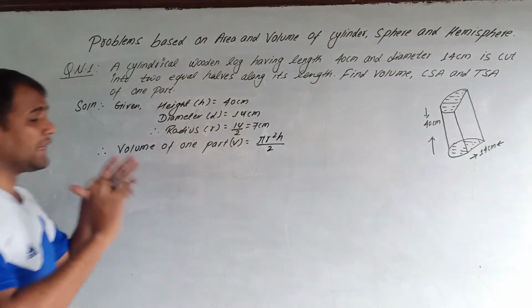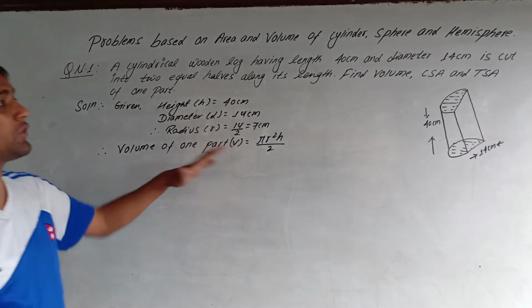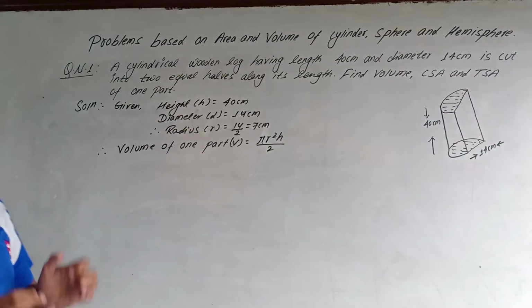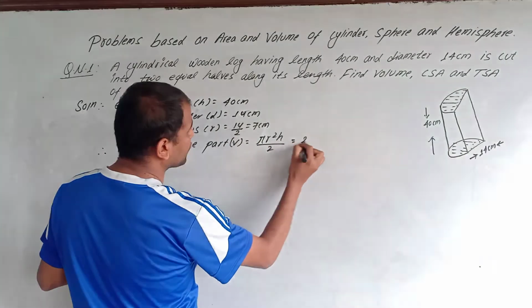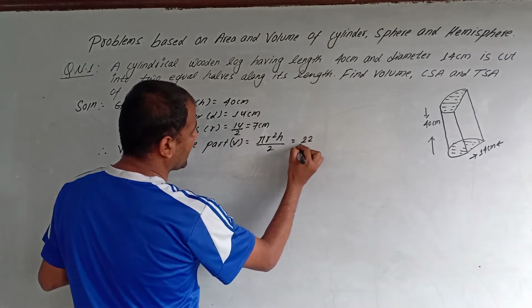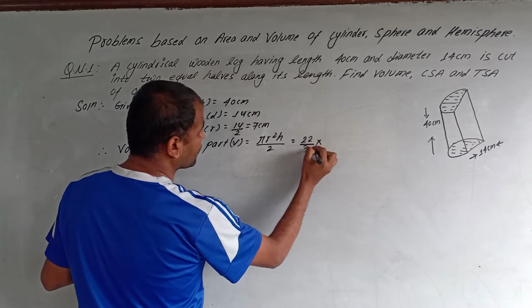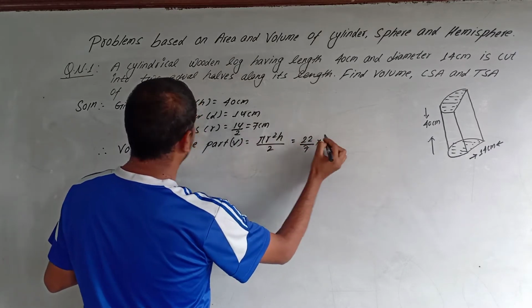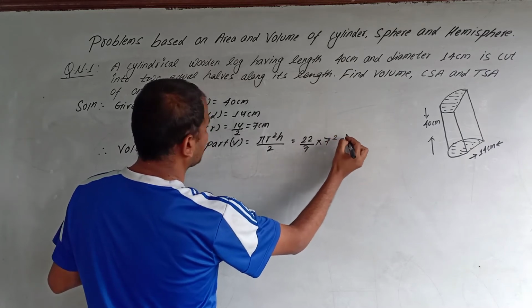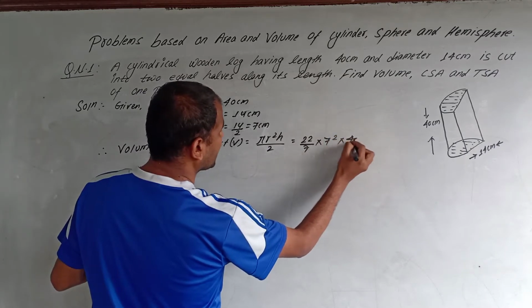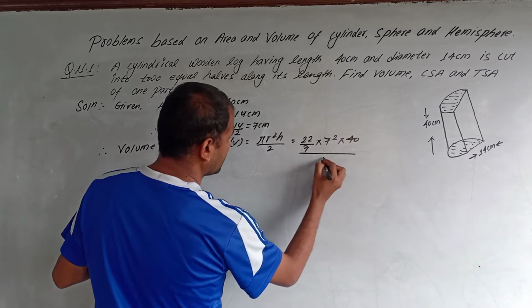That is, if we divide the total volume by 2, we get the volume of one part. That is equal to 22 by 7 into r, radius, 7 square into h, height of the cylinder, 40 by 2.